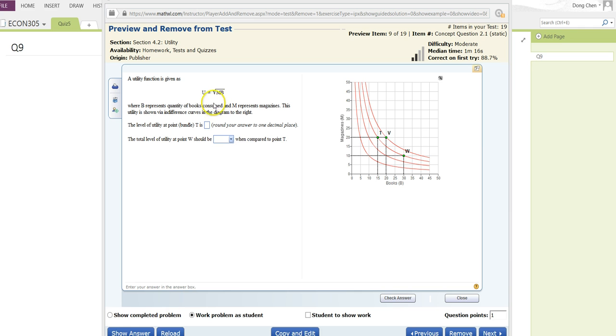And then we can simply substitute these two numbers into this utility function and solve out the level of utility. So that's how we solve this question. The logic and the steps are very simple, and we just need to take the square root of the product of these two numbers.